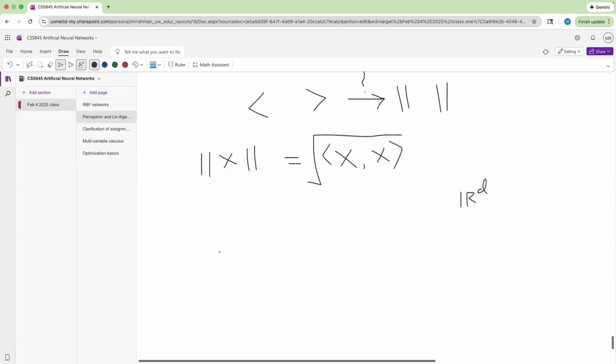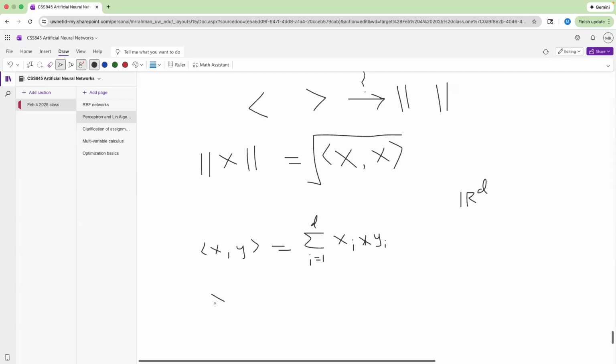In R^D, if you have X and Y, the inner product is defined as the summation from i equal to 1 to D of Xi times Yi, right?